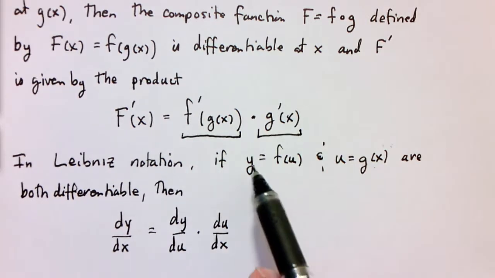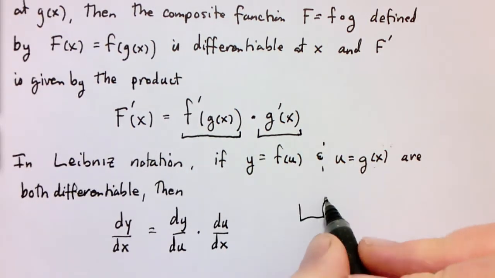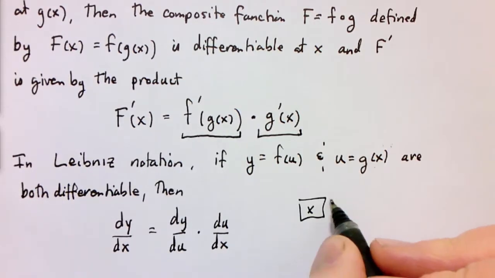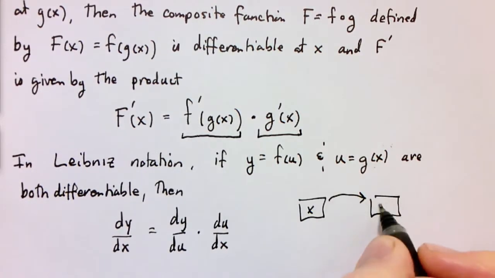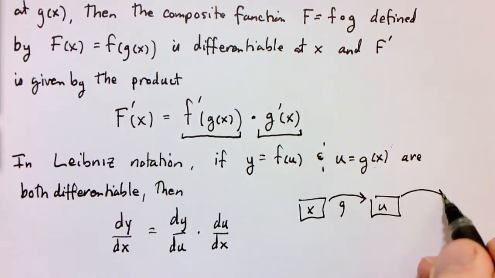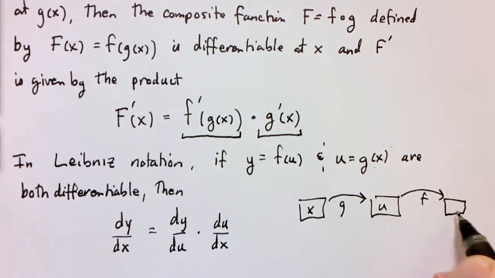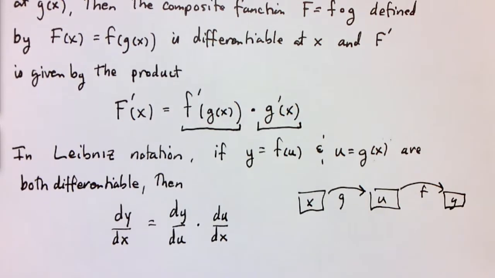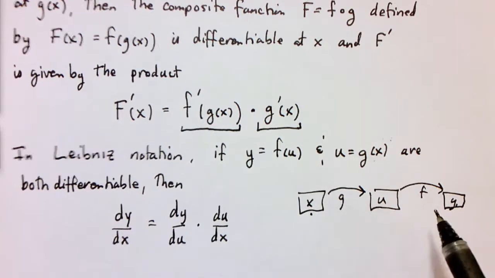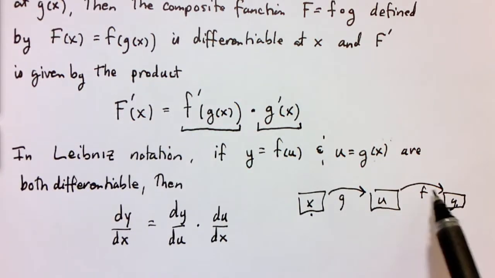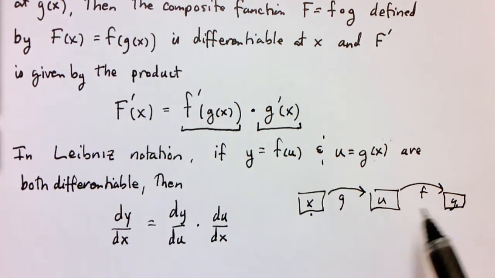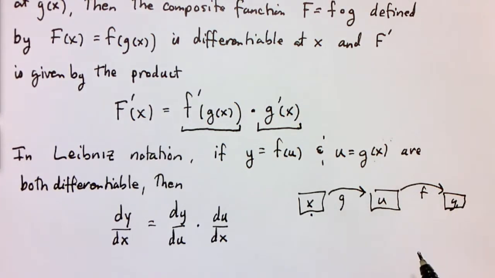So if we have this chain of functions, here's x, and it's getting sent to u by g, and lastly that's getting sent to y by f. Then the derivative of y with respect to x is the product of the derivatives. It's dy du, so I need to find this f prime of u, times du dx. So each link in the chain is going to have its own derivative, and I have to take the product of those links in order to get the derivative of the entire function.